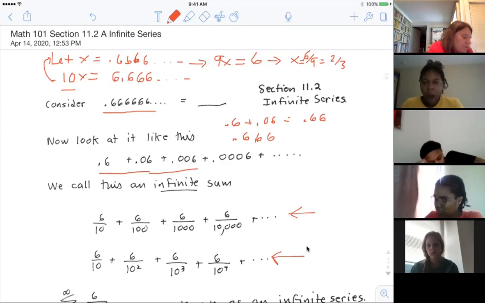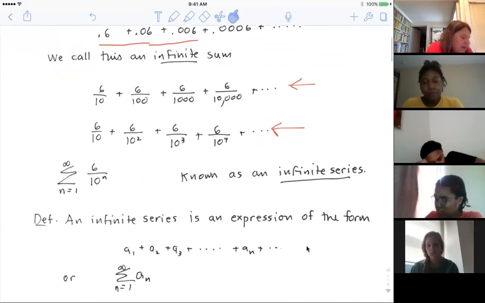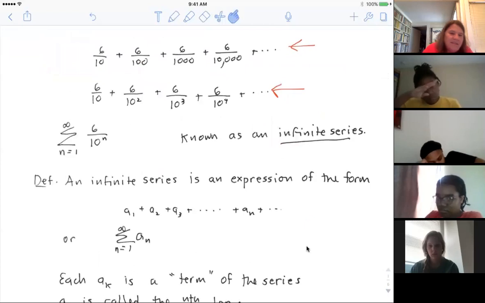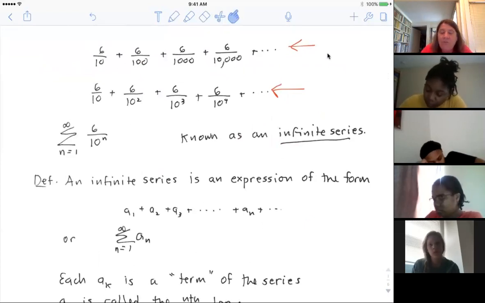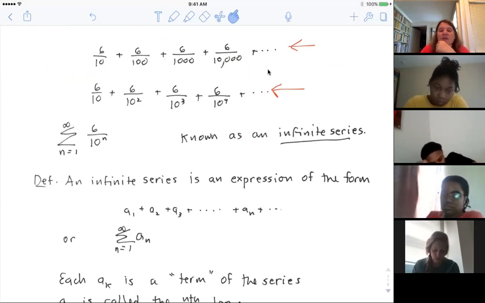If I've got all these things added together, and the more I add, the closer it's getting to 2/3, we think, well, a limit. So this sum has a limit, and it looks like that limit is 2/3.